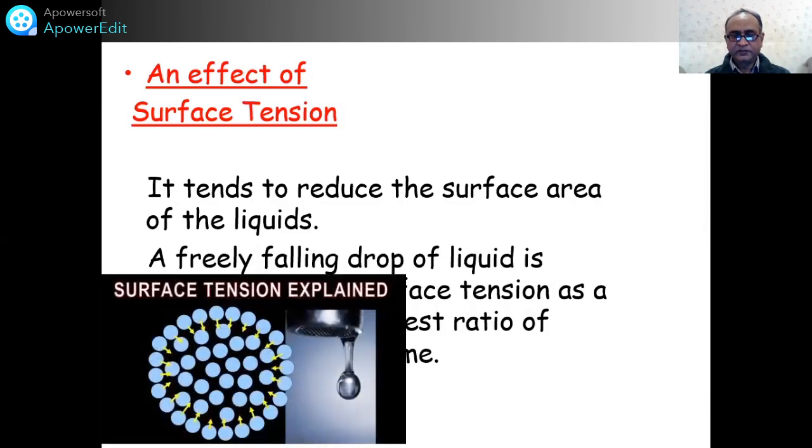See, when the water molecule is there, some water is falling down, then water is being attracted from all the sides. As you can see over here, let me show you.